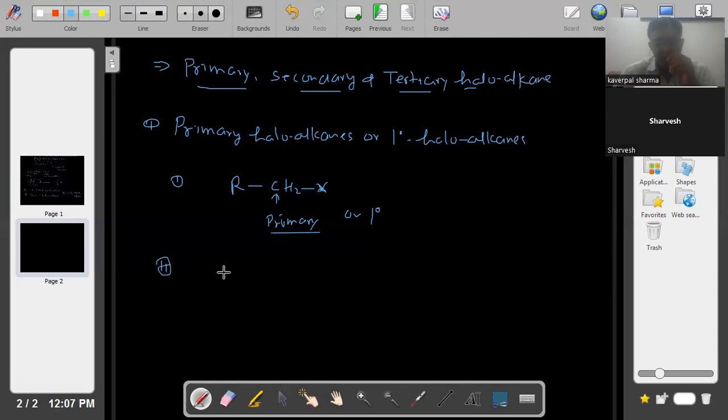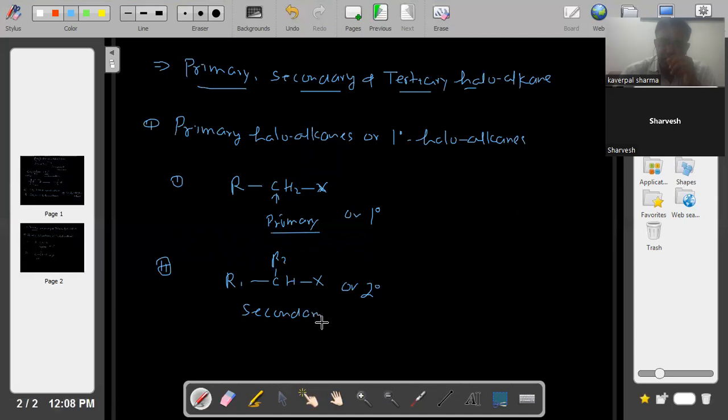In another case, if there is R1 and R2 and only one hydrogen, and the halogen-linked carbon has only one hydrogen, that is called 2 degree or secondary.